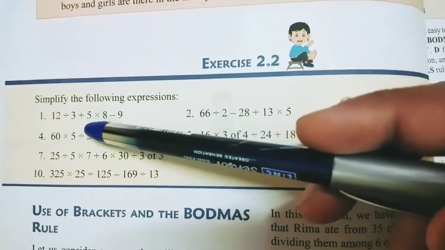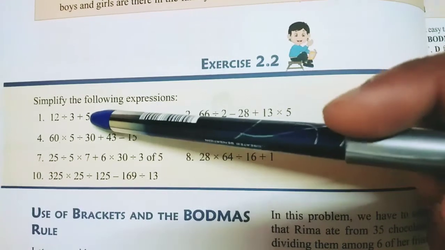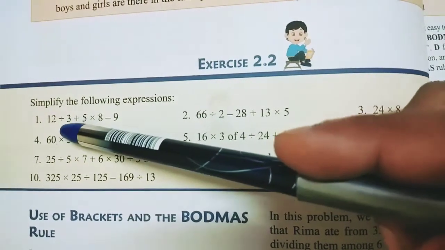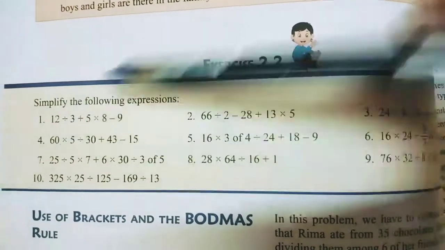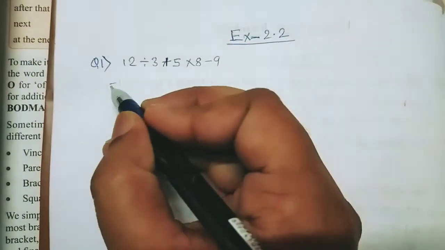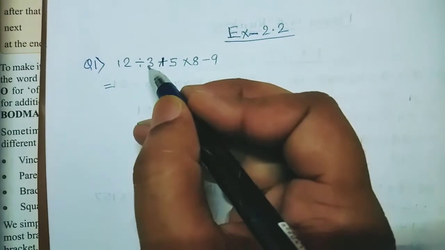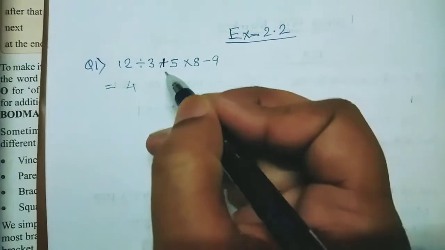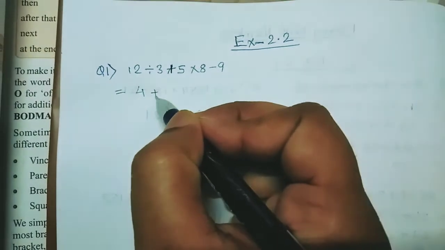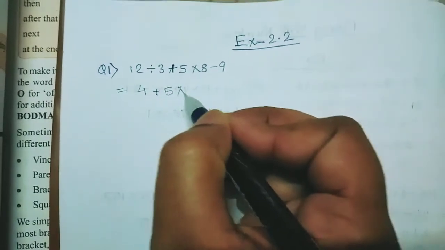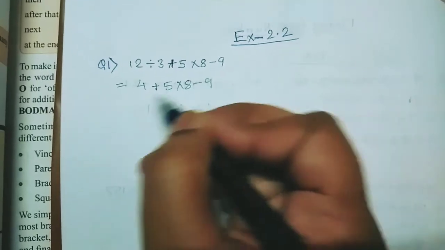Here there is no OF. So first of all we'll start with what? The first operation will be division, right? So 12 divided by 3 is 4, right? Then let everything else stay: plus 5 into 8 minus 9.